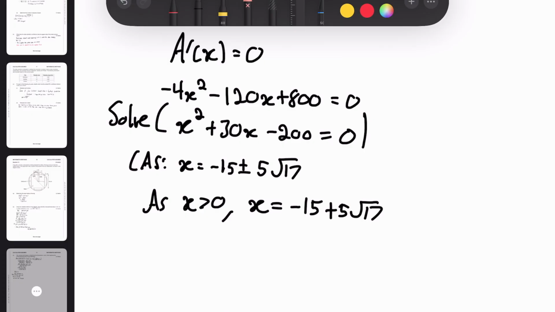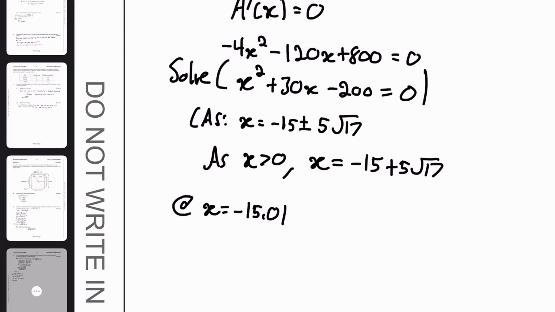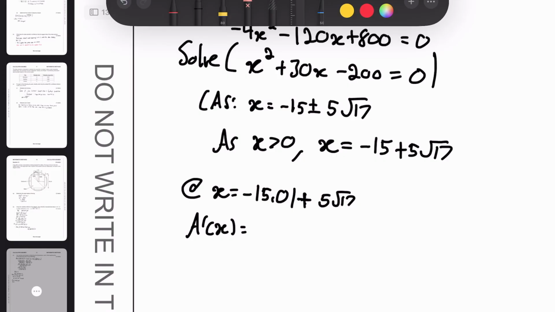Okay, then let's just check at x equals negative 15.01 plus 5 square root of 17, we have a dash of x is equal to. So we can put this in onto my calculator, given that x is equal to negative 15 plus 5 square root of 17.